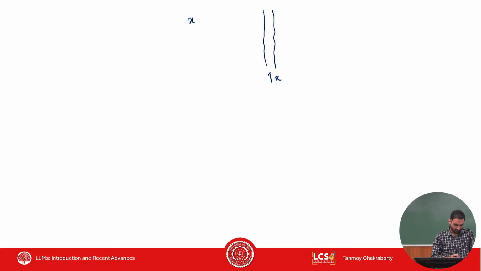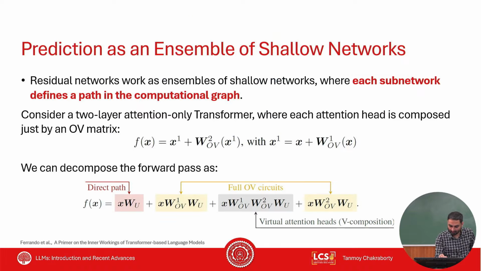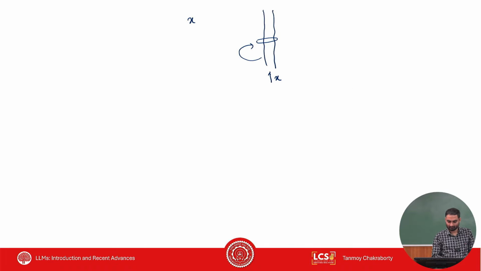So after the first layer you have this attention here. After the first layer the output is x plus, and also let's make this thing even simpler. I already mentioned there are two circuits. One is the query key circuit, the other is the output value circuit. The output value circuit is responsible for writing things to the residual stream.